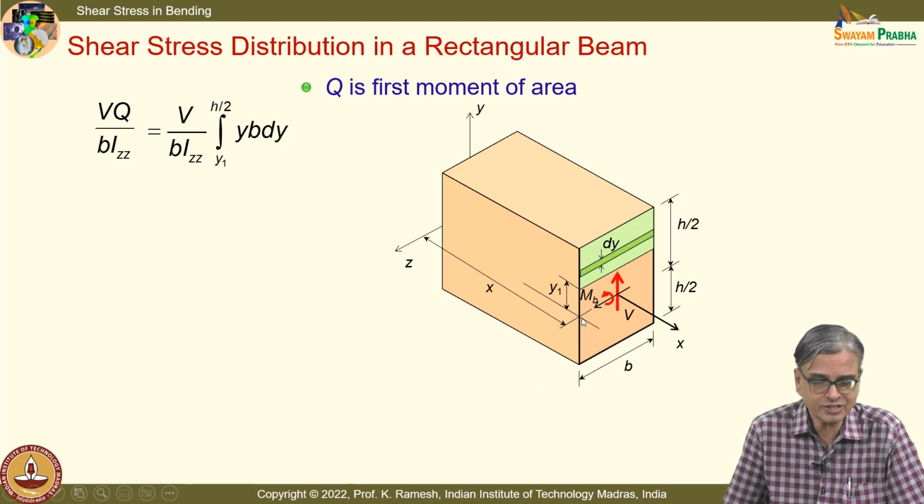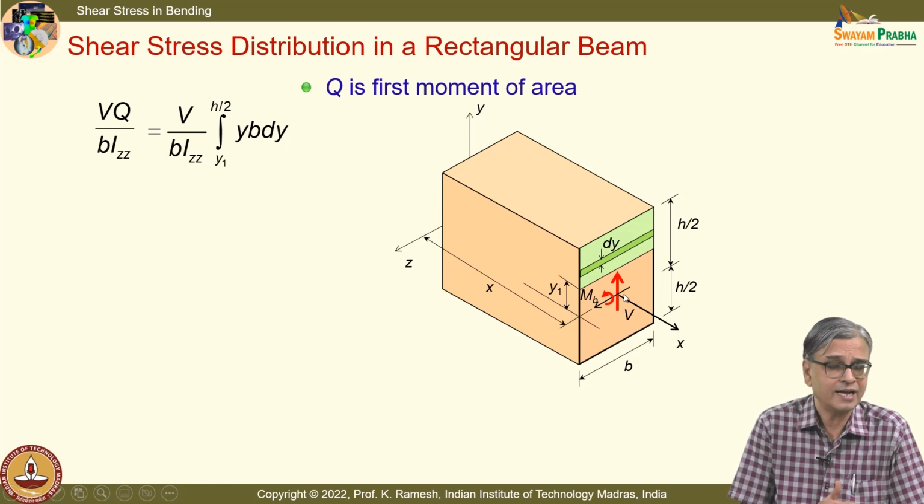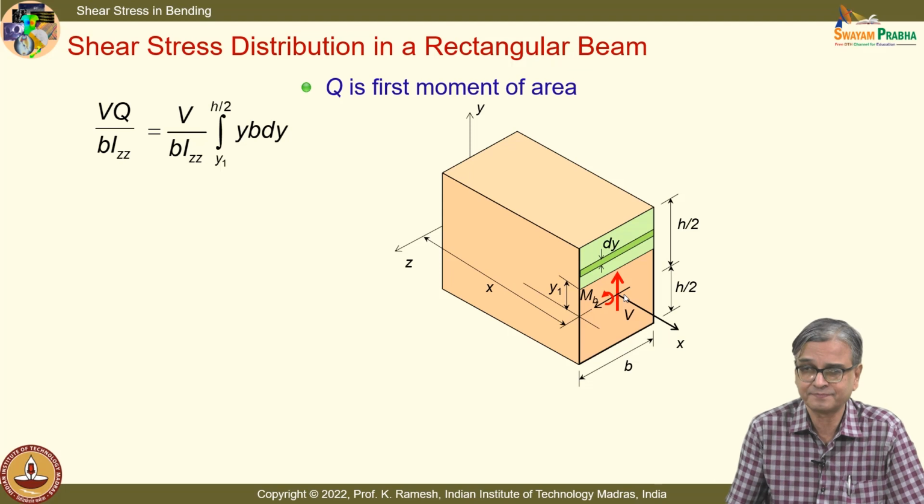And what is the cross section of interest? The centroidal section is important, because the centroidal section is also a neutral surface. And I made an argument when we looked at the cantilever that the shear stress reaches maximum at the centroidal plane.